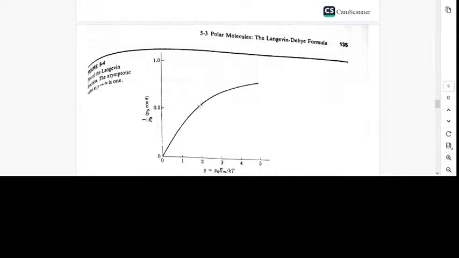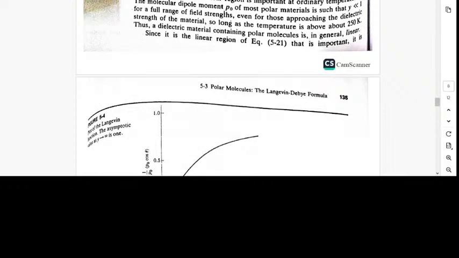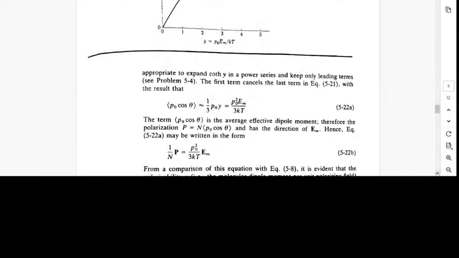After 2 to 5, it is increasing more gradually, but after 5 it becomes constant, its value becomes 1. And this linear region is important at ordinary temperatures. Now we come to the next point.